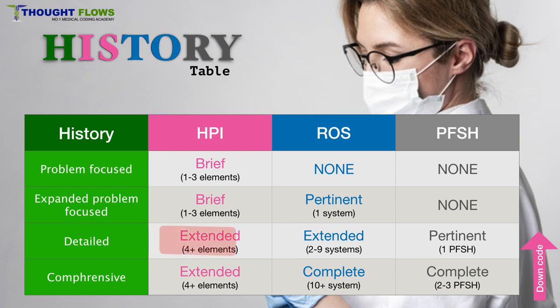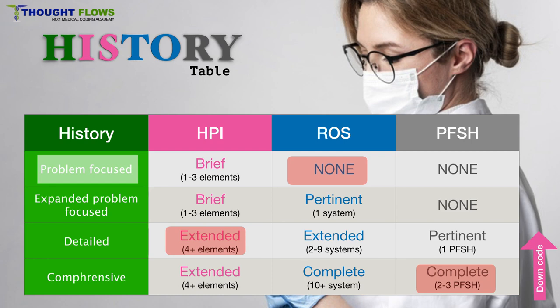We'll go with one more example. If the doctor did HPI as extended and ROS is none and PFSH is complete. So the level of history is problem focused because in order to take detailed history, you require ROS at least 2 to 9. As ROS is not met, we'll go for downcoding and we'll take history as problem focused.